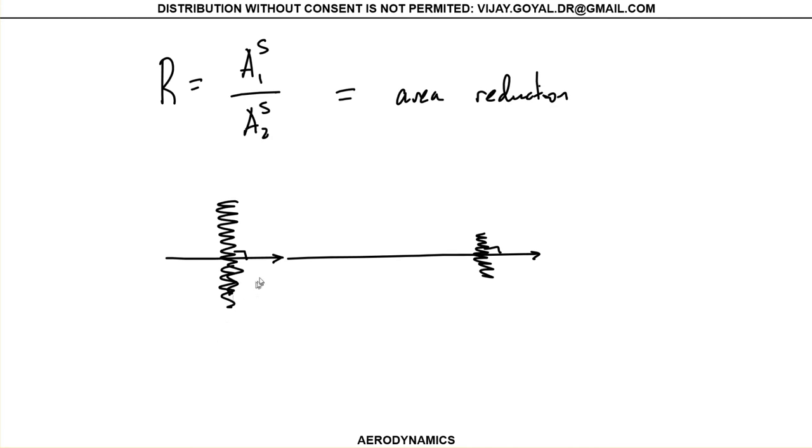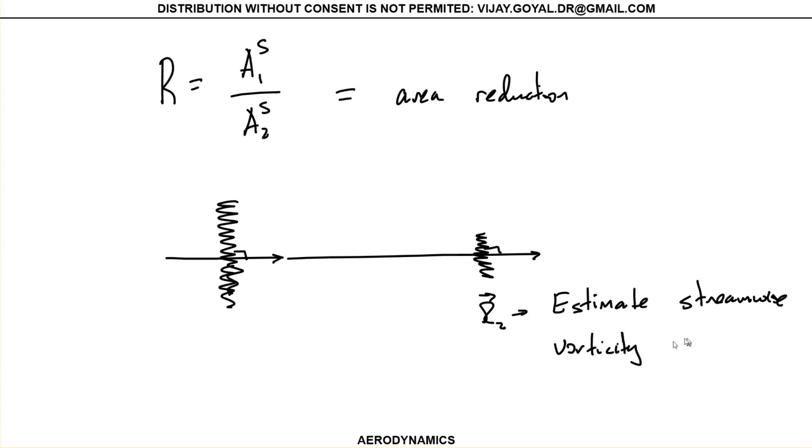And so that's this right here, this omega 2. It is the goal of these theorems: we want to estimate the streamwise vorticity in the test section.